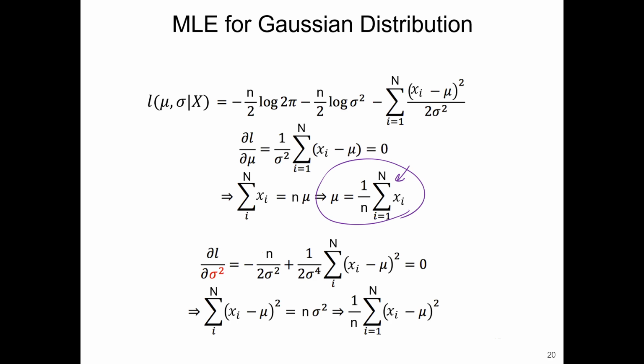So if I do it with respect to sigma squared, this one is 0. What is the gradient of log of u with respect to u? 1 over u. And that's why here the log of sigma squared becomes 1 over sigma squared.